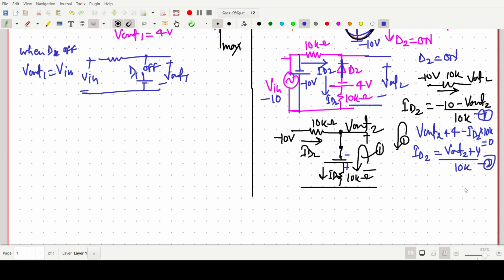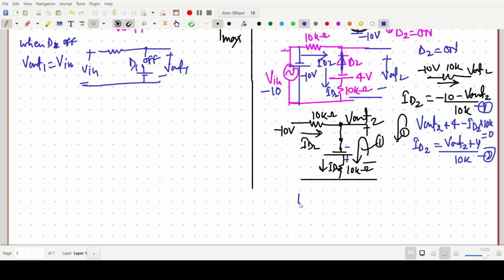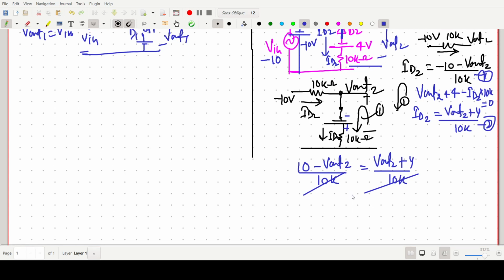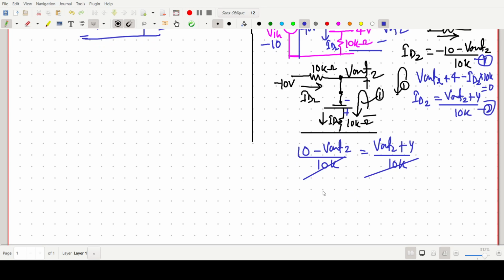So now equations 1 and 2 are the same. So we can write 10 minus V output 2 by 10k equals V output 2 plus 4 by 10k, since ID2 is the same. So from here we can write 10 minus V output 2 equals V output 2 plus 4.